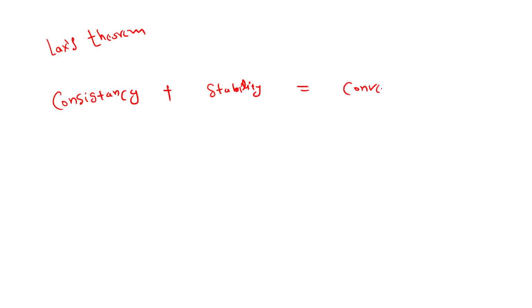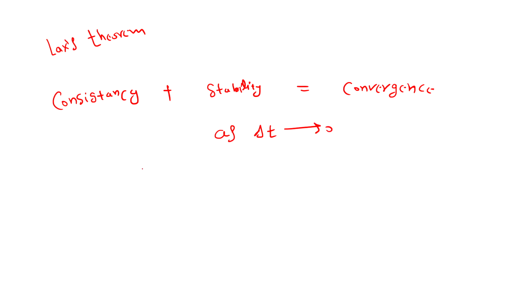So what does Lax's theorem say? That if we have consistency plus stability, then my equation will definitely converge, or we will have convergence as delta t tends to 0.